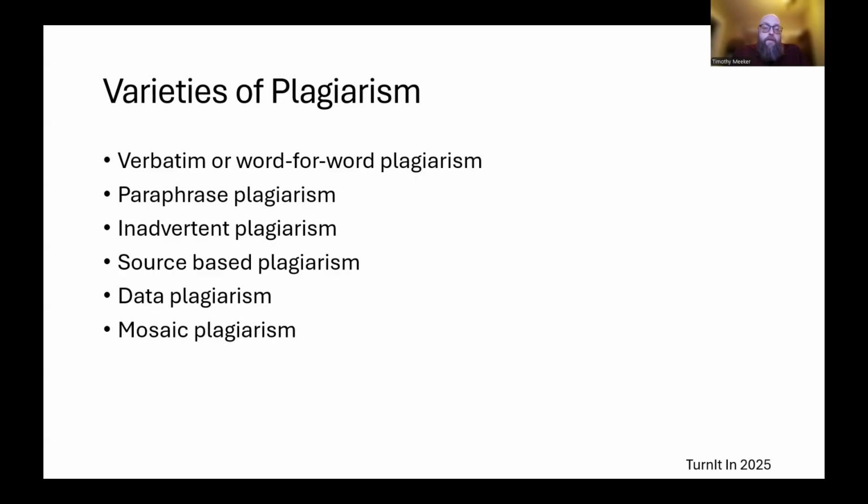There's mosaic plagiarism. This really is just a play on mosaicism, and what you end up with is different phrases from different parts of different papers, and you stitch them together, and you end up with this beautiful paragraph that you had virtually nothing in, no role in creating.